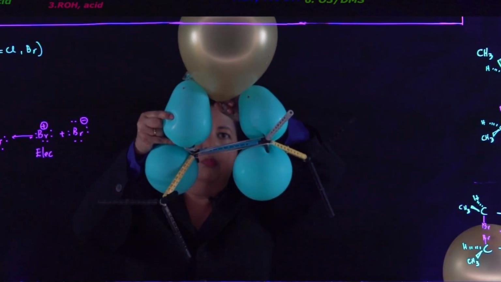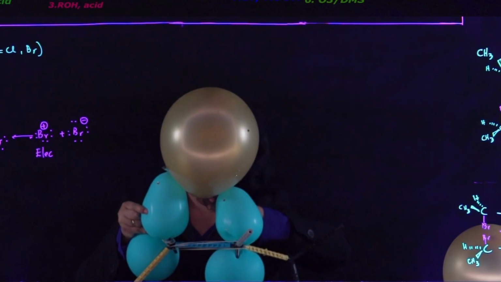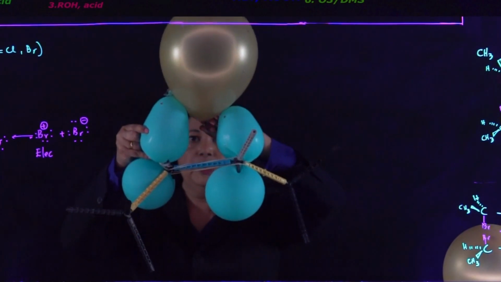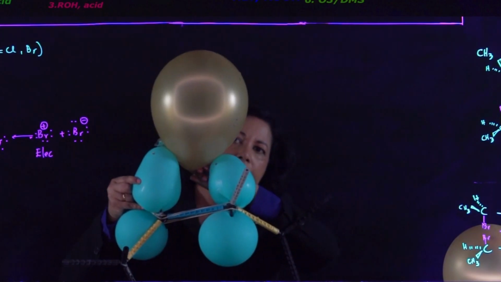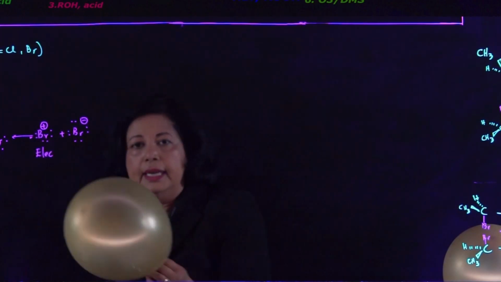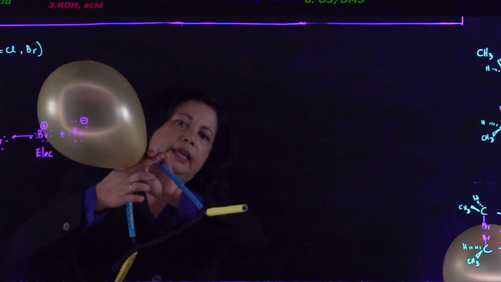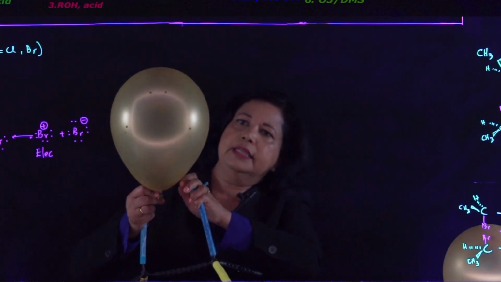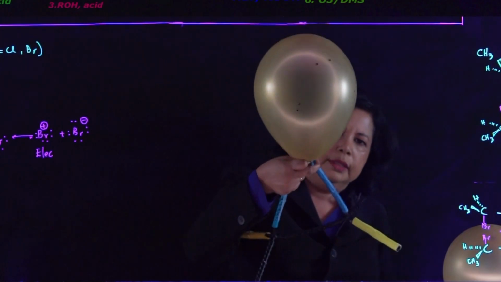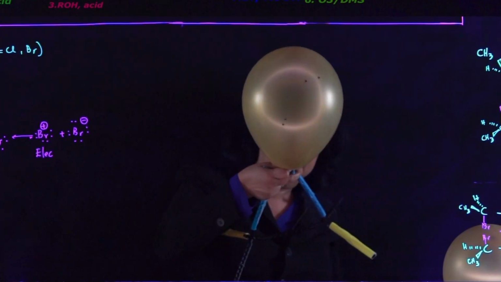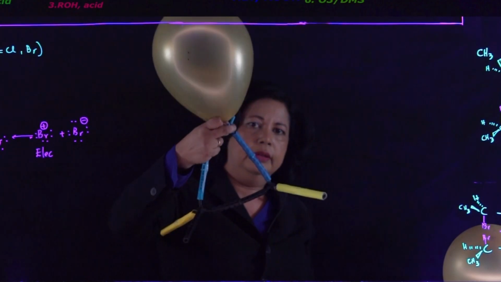So it catches both the p orbitals. All right, so you will get an intermediate where you have a triangular 3-membered ring. And so you have an intermediate here with the bromonium, with the carbons. That's it, a 3-membered ring here.